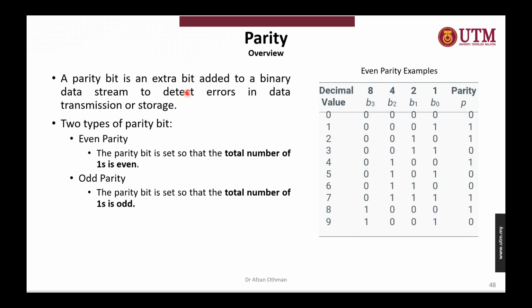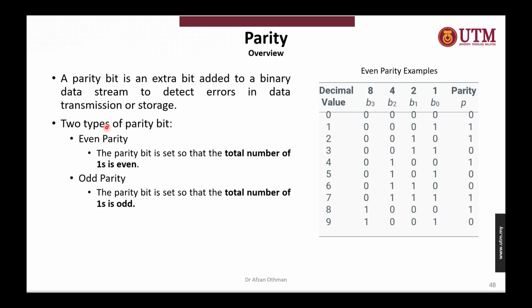So the parity bit allows the system to check if data was corrupted during transmission. This is why we need to send a parity bit, to check whether the correct data is sent through the network and the receiver gets the correct data.